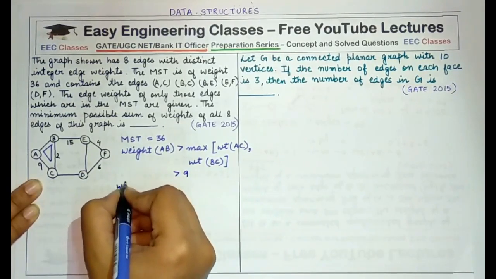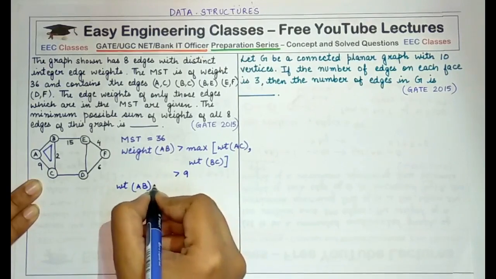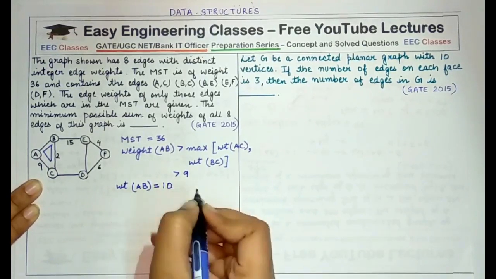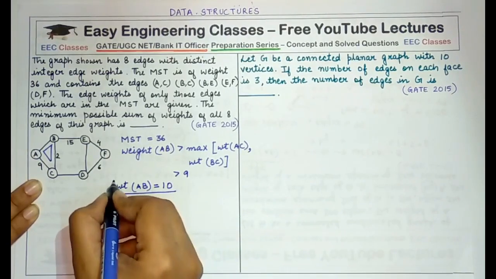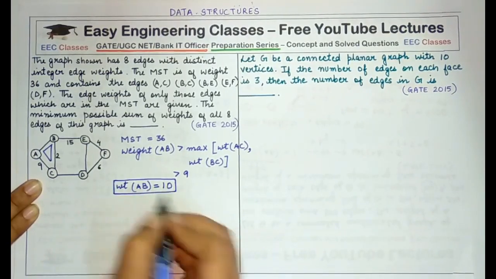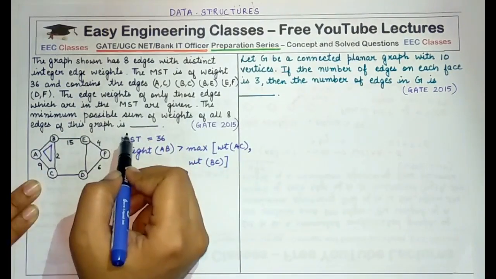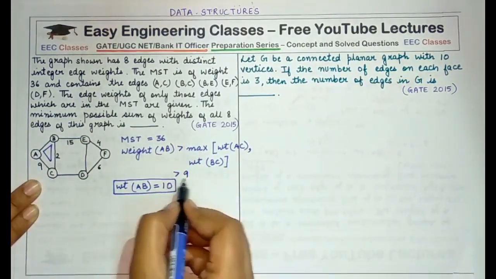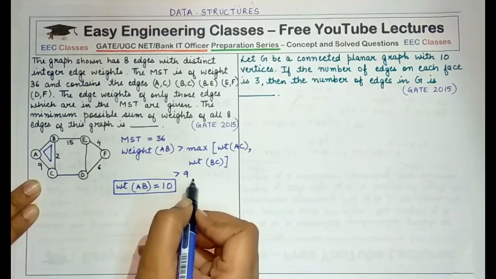Therefore, we can say the weight of AB must have been greater than 9, or we can simply assume it to be 10. And why have we assumed it to be 10 and no other value? Because we have to find the minimum possible sum of weights of all these edges. So the minimum weight that is greater than 9 would be 10.